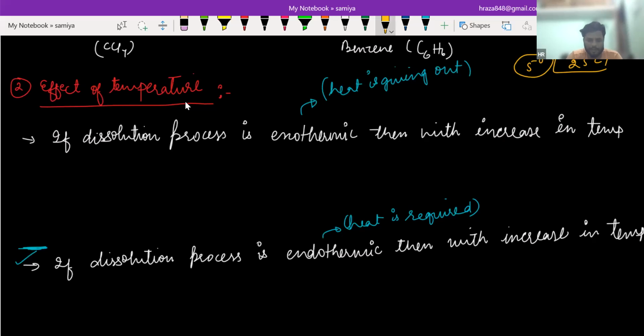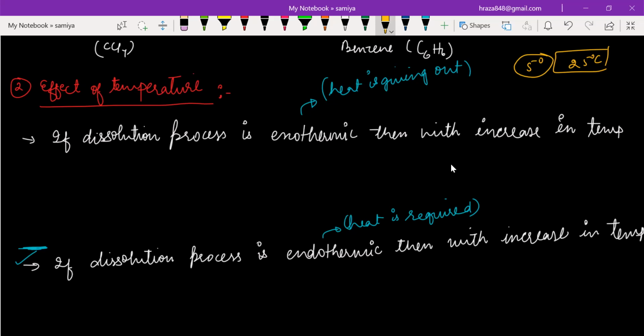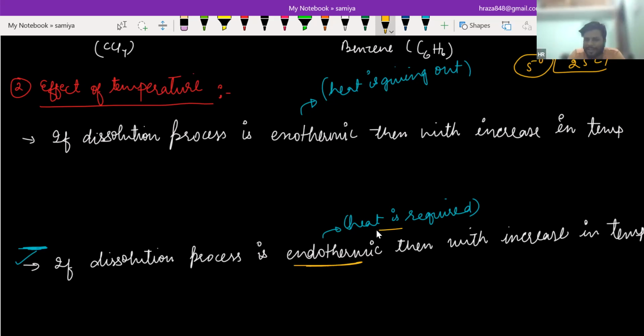Yes or no, Samia, Madiha? Yes, sir. So in an endothermic process, heat is required, and if you increase the temperature, that is a favorable condition for that process. So in an endothermic process, whenever you increase the temperature, solubility increases.